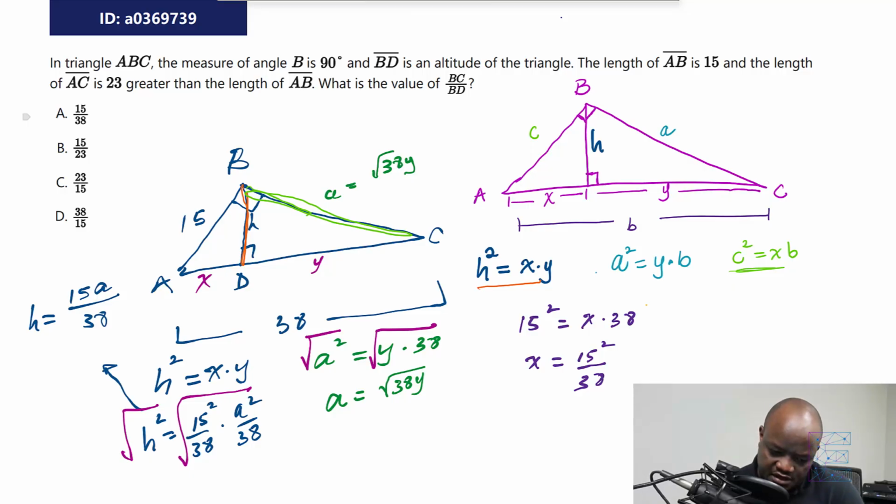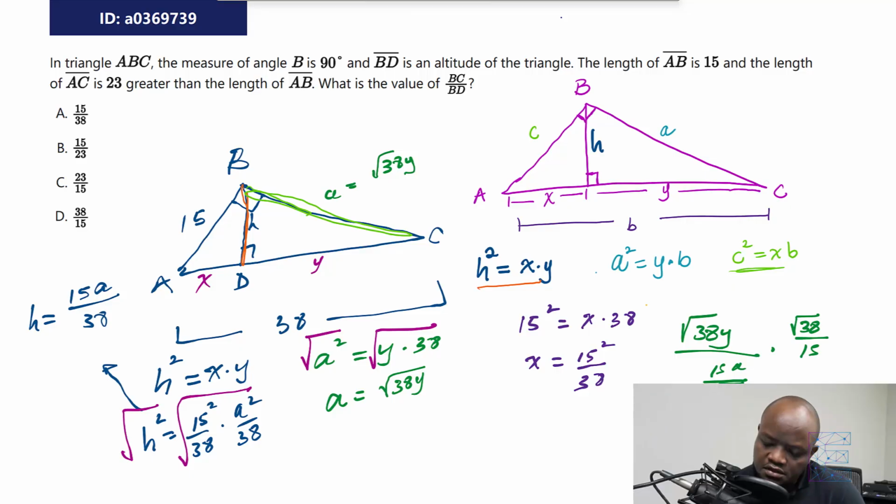So let's do the math here for these two. We're going to end up having BC, which is the square root of 38y, over BD, which is 15a over 38. So keep, change, flip says we keep the first fraction and flip the second fraction to get the square root of 38 over 15.